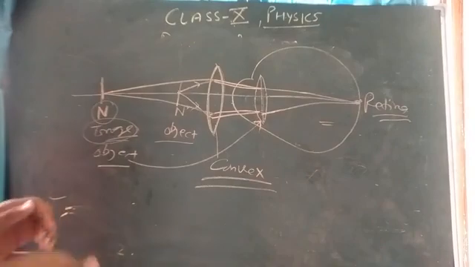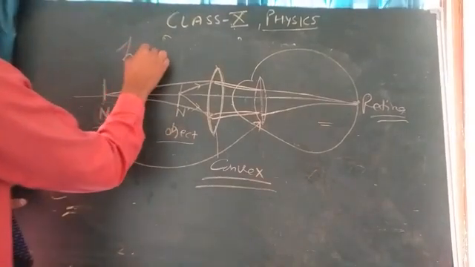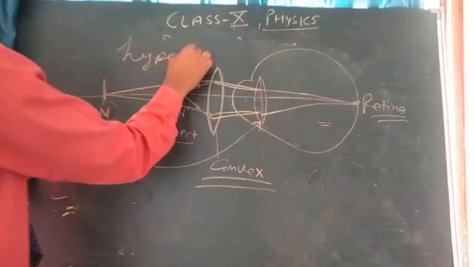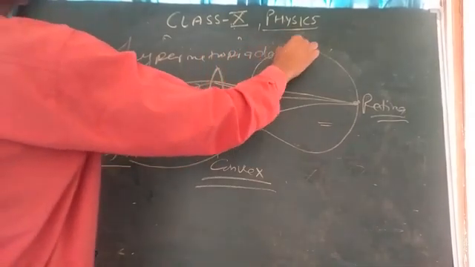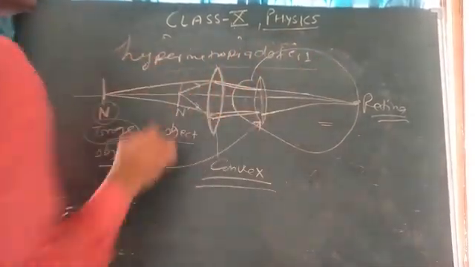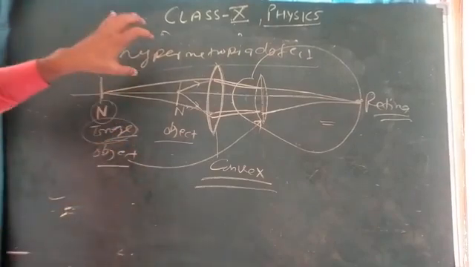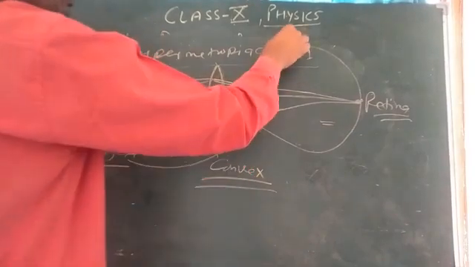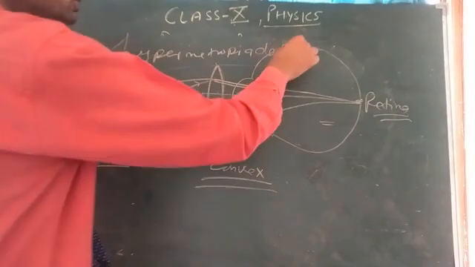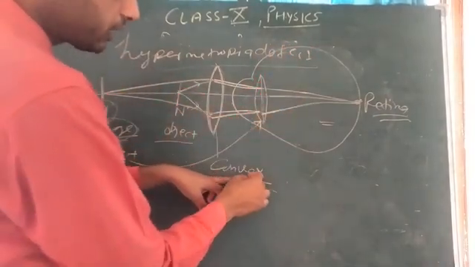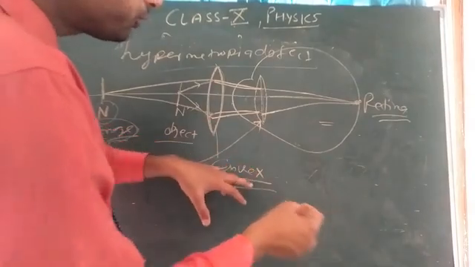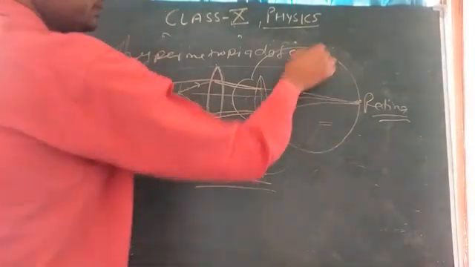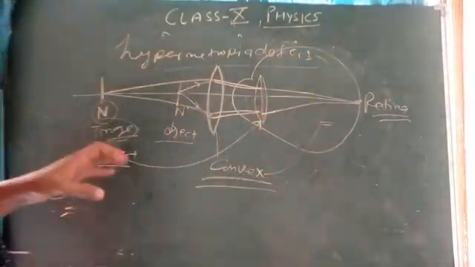So we can correct hypermetropia defect by using a convex lens of suitable power. Okay, I am repeating again.